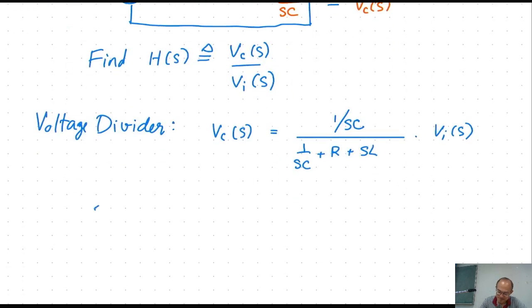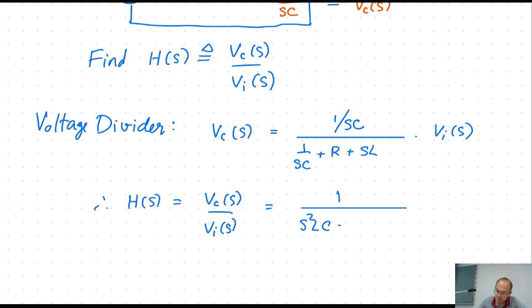And so it is actually very easy because the transfer function is VCS over VIS, and that is equal to 1 over S squared LC plus SRC plus 1.